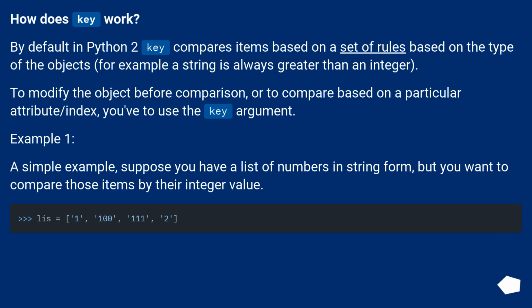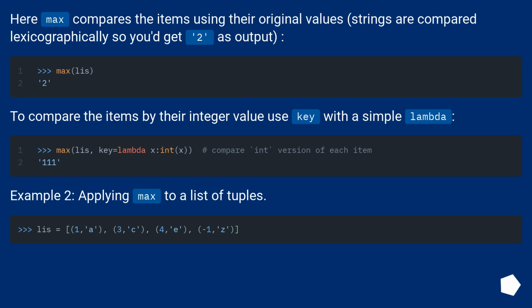Suppose you have a list of numbers in string form, but you wanted to compare those items by their integer value. Here max compares the items using their original values. Strings are compared lexicographically, so you get 2 as output. To compare the items by their integer value, use key with a simple lambda.